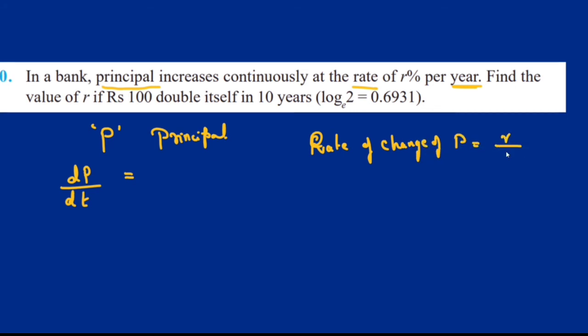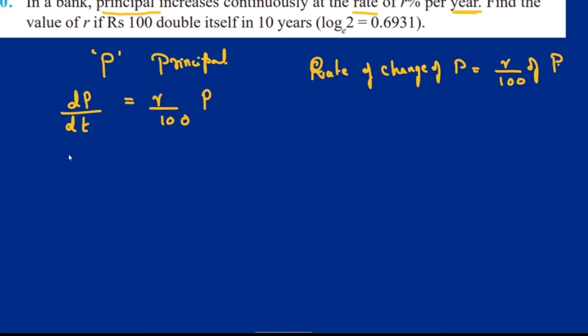The rate of change of P is R by 100 of P. It is not just R by 100, isn't it? It is R by 100 of the principal. So it is R by 100 of P. Separate the variables.